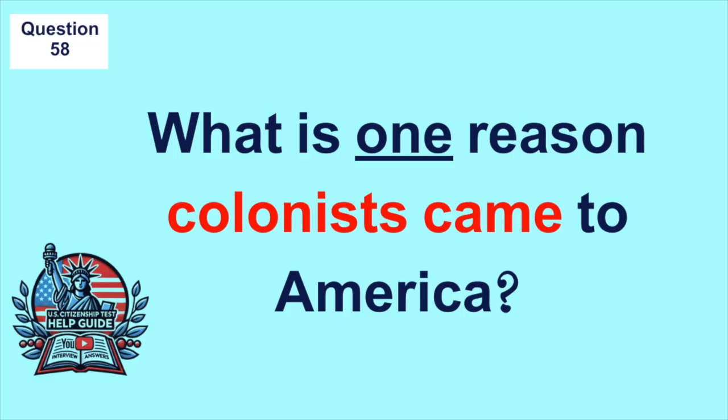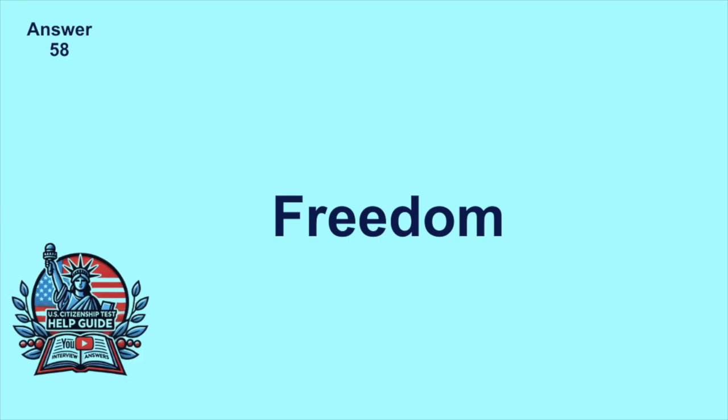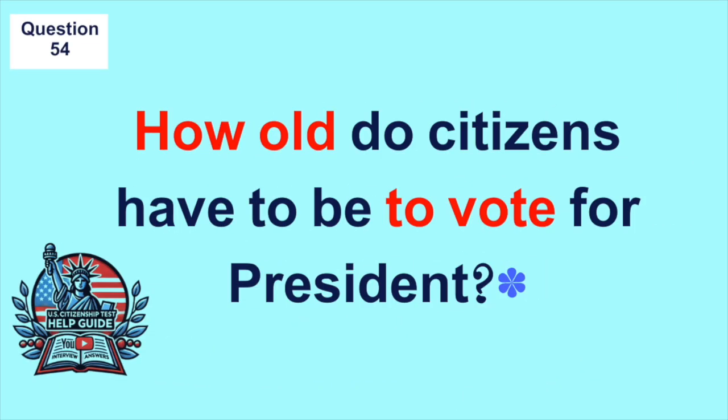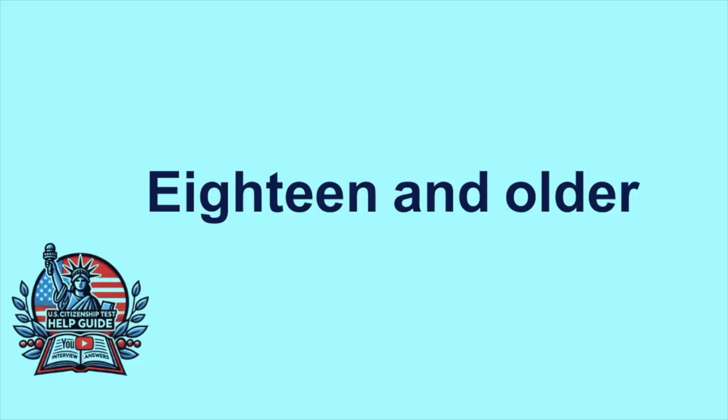What is one reason colonists came to America? Freedom. How old do citizens have to be to vote for president? 18 and older.